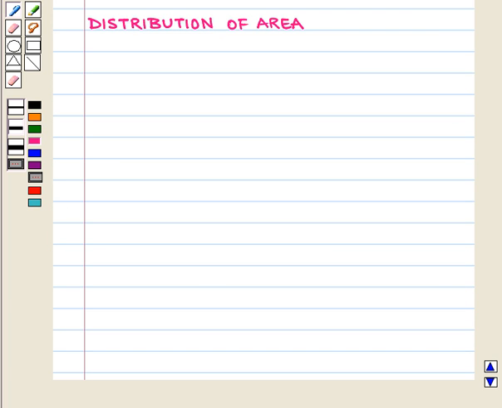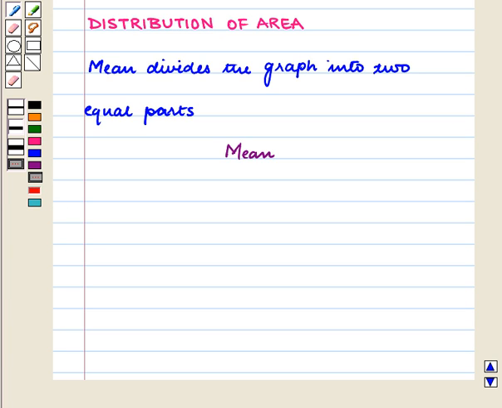Let us now discuss the distribution of area. Mean divides the graph into two equal parts. 50% of the values are on the right side of the mean and 50% of the values are on the left side of the mean.